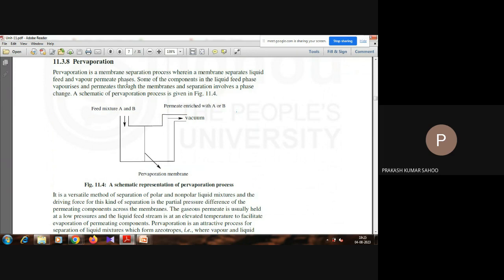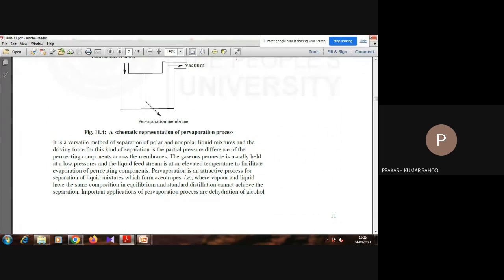So in the case of an azeotropic mixture, the same principle of pervaporation applies: the components of the liquid feed phase vaporize and permeate through the membrane, and the separation involves a phase change. This phase change means the constituents change from liquid to vapor and then permeate through the membrane.